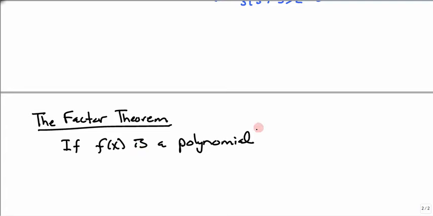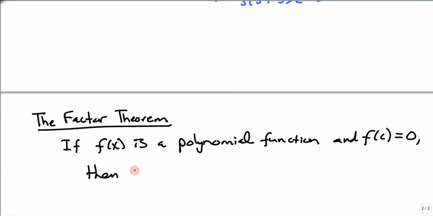So if f of x is a polynomial function, has to be a function, and we know that at some value of x that we plug in, we get 0 back out, and that basically means that I'm crossing the x-axis at c because my y value is 0, then what that tells me is that x minus c is a factor of that original polynomial function.